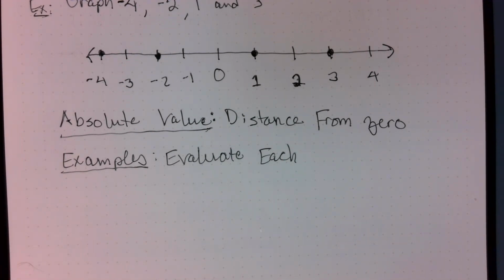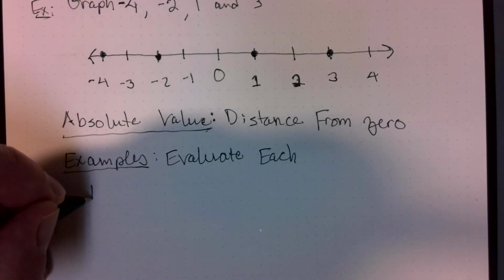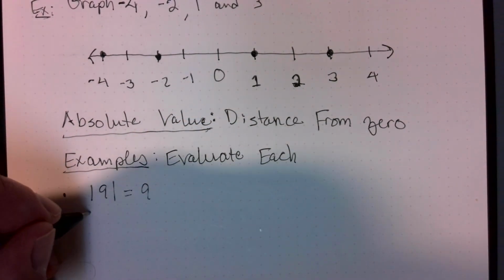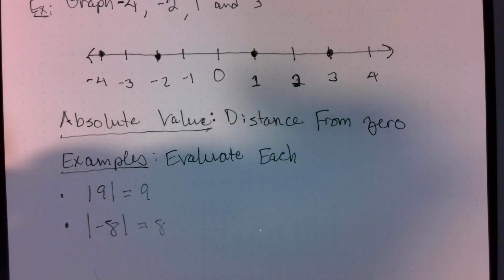Some expressions that involve absolute value, and maybe some that have a couple of negatives in there and things like that. So if I were to do, let's say, absolute value 9, that is 9. Absolute value of -8 is 8.